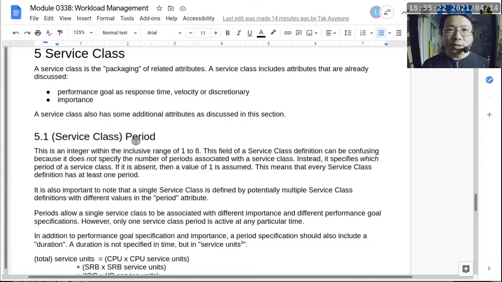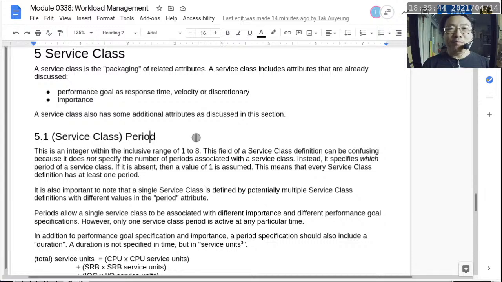One of these is the concept of a period. Most people think about the term period and go, does that mean when a particular service class is in effect, like a certain time of the day or certain days of the week? The answer is actually no.